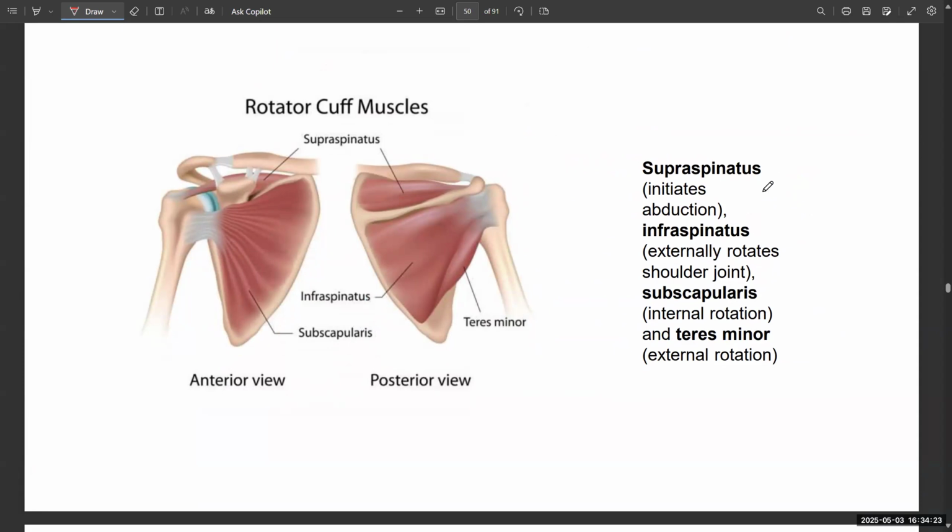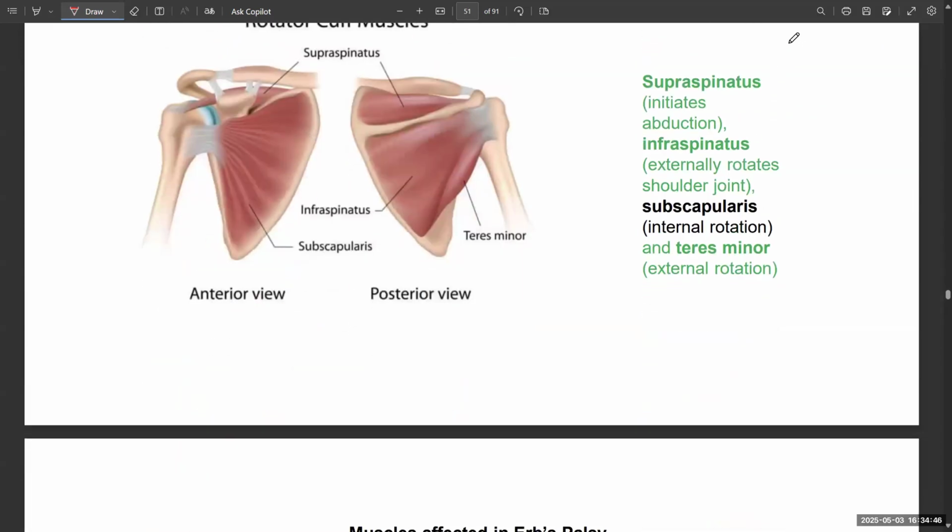So if we have the arm here, the arm is already adducted. So we have an adducted arm, and we also have a medially rotated arm. Okay, so it's already adducted, it's medially rotated. So which of these muscles is not working? Okay, the answer is supraspinatus. It initiates abduction.